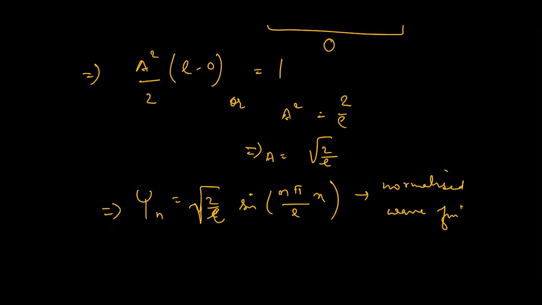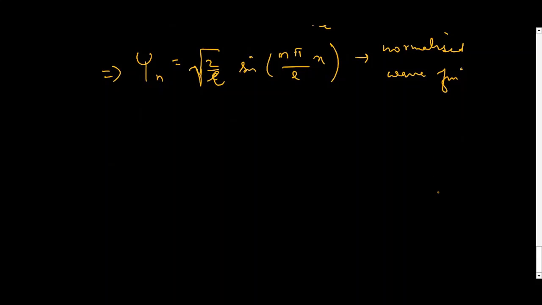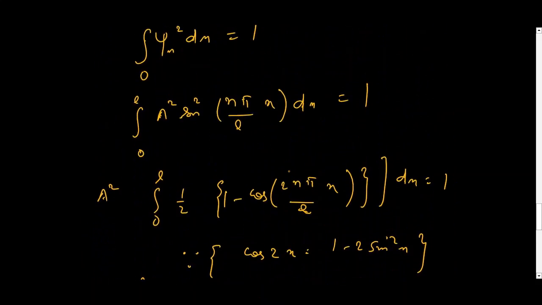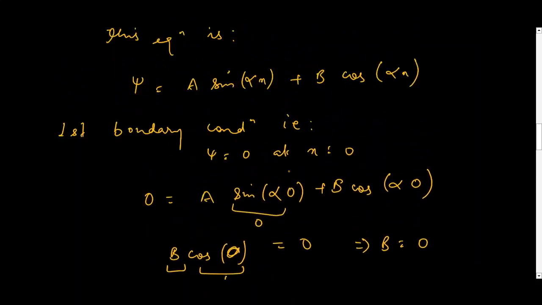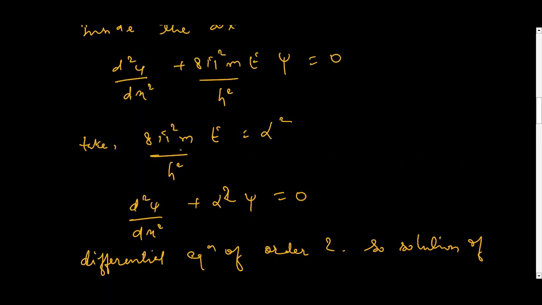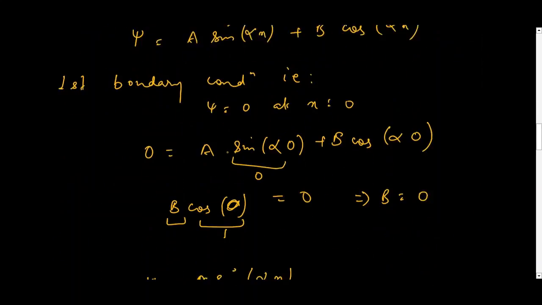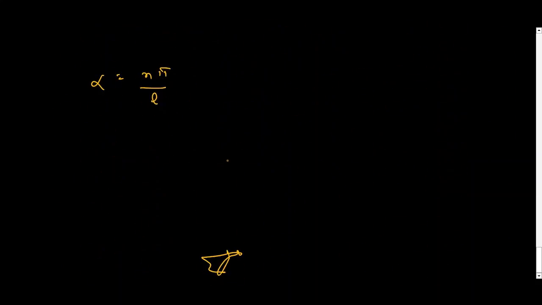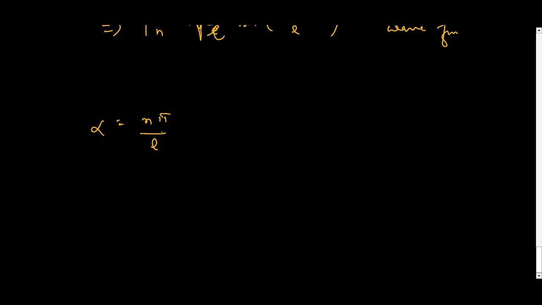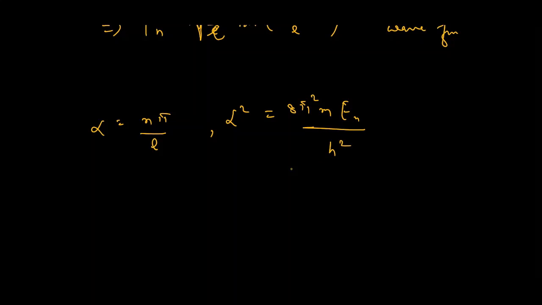Now one more thing we have left is, earlier by solving we got alpha is equal to n pi by L after applying the boundary condition, and if you remember, we have considered alpha square is equal to 8 pi square m upon h square into E. So alpha is equal to n pi by L, and alpha square is equal to 8 pi square m into En upon h square, right?